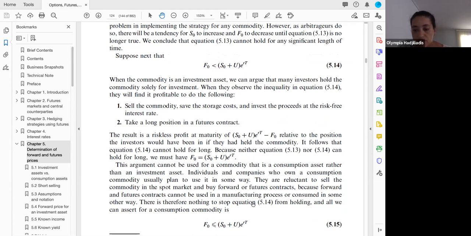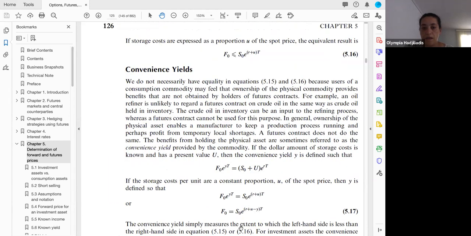They are reluctant to sell the commodity in the spot market and buy forward or futures contracts, because forward and futures contracts cannot be used in a manufacturing process or consumed in some other way. There is therefore nothing to stop equation 5.14 from holding. All we can assert for a consumption asset is that F0 is less than or equal to (S0 plus U) e to the RT. U is the storage costs, as we can see.